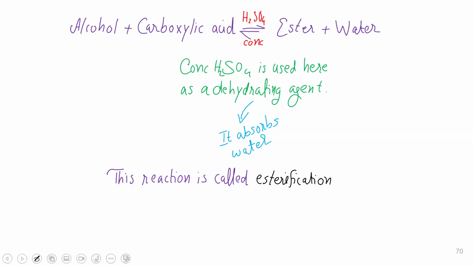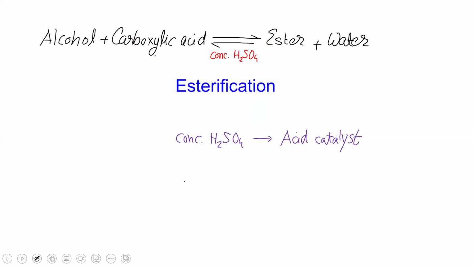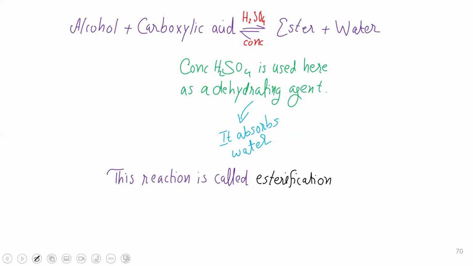If you do not remove the water, the problem is that esters also have a strong tendency to react with water. So the reaction will reverse and our product will be wasted. So H2SO4 is an acid catalyst as mentioned here. It is also used here as a dehydrating agent.